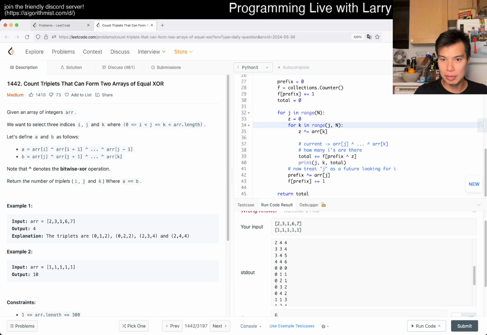Zero, zero. Is this right? So the prefix is going to be 0. So 0, 1. This is J, this is K. There's no way that's right. I think I'm messing up something on a border condition.